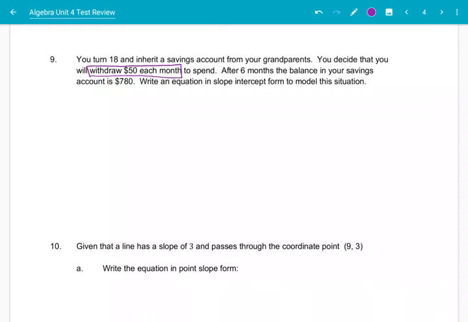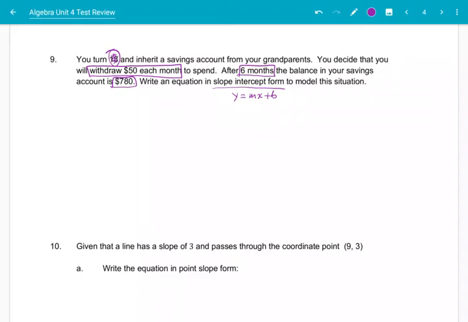After 6 months, the balance in your savings account is $780. Write an equation in slope-intercept form, y equals mx plus b, to model the situation. Well, this number right here, 18, that's not going to be used because that's just your age. We're not really using that to account for anything, so let's ignore that number.